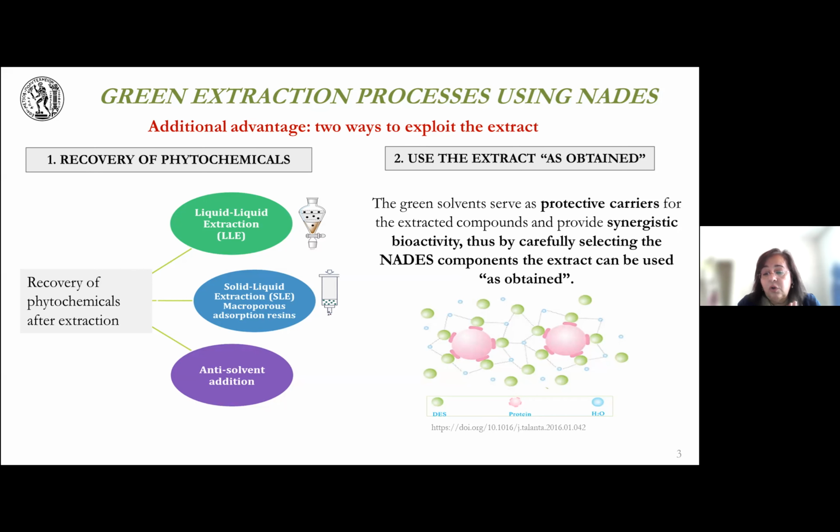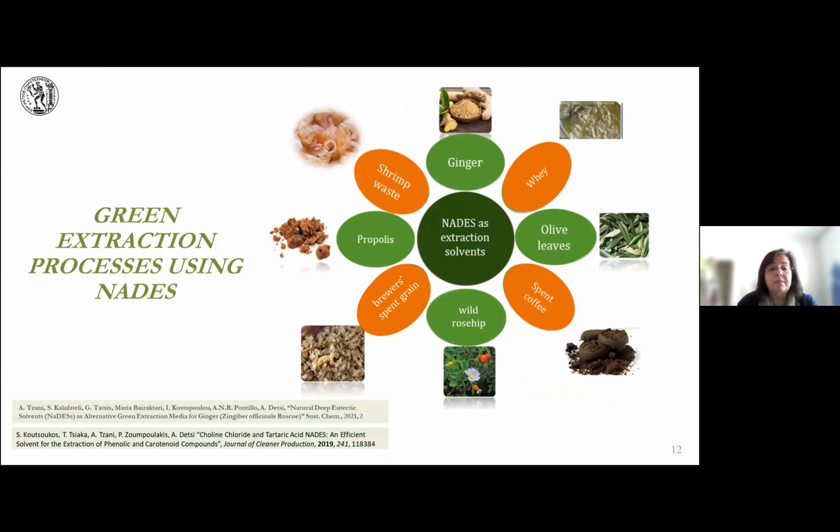As we said, the green solvents can serve as protective carriers for the extracted compounds, and they can help with the bioactivity. So we just choose them carefully, and we use the extract as obtained.